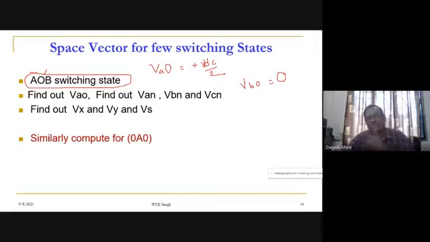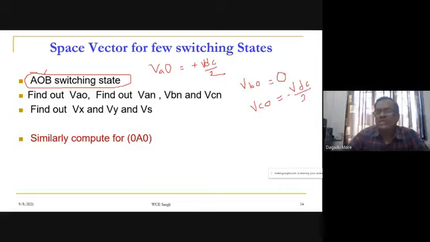Because we have 3 switching states, 3 levels: plus VDC by 2, 0, and minus VDC by 2. This O corresponds to 0, so VBO will be equal to 0. And what is the value of VCO? The letter B corresponds to the lower two devices being on, the third leg. We have taken a random state. VCO will now be minus VDC by 2.